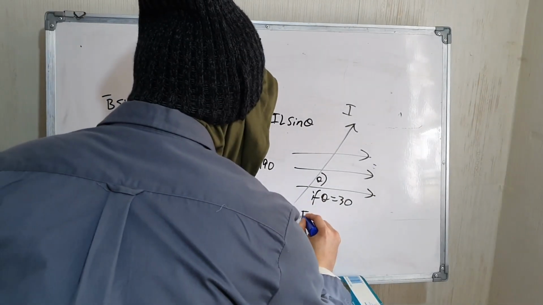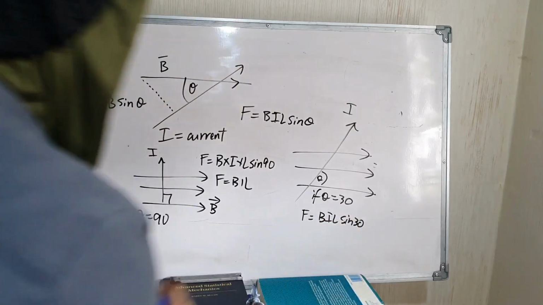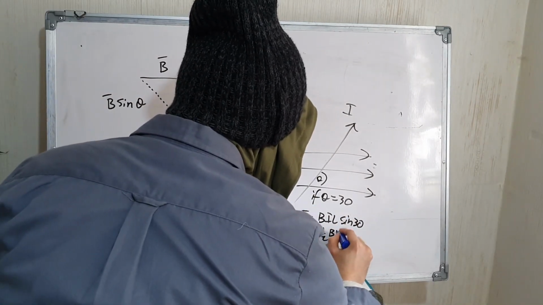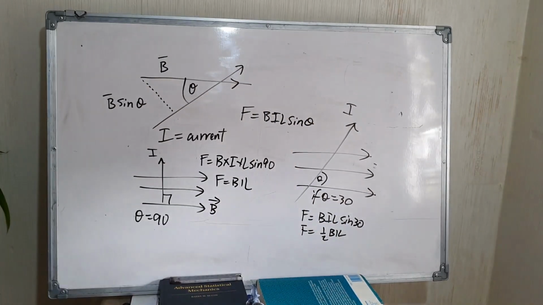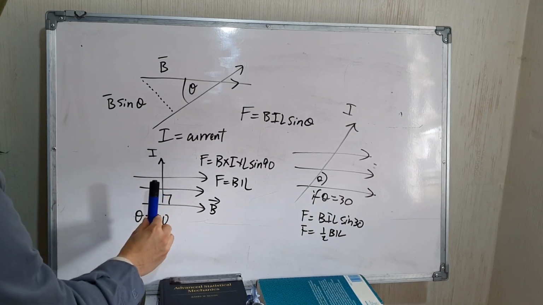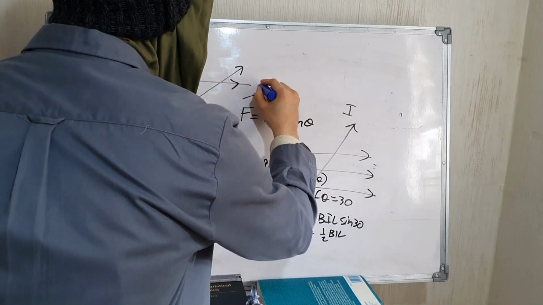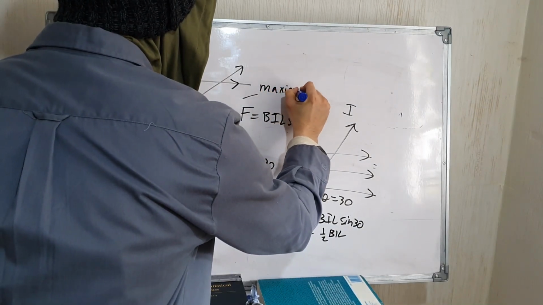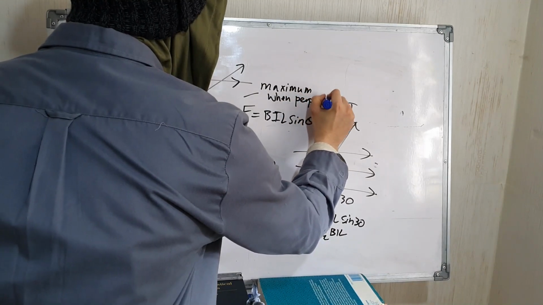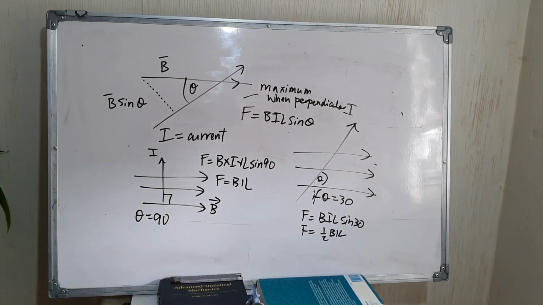F is equal to BIL sine 30, and sine 30 is a half, so it will be a half times BIL. So it's only when the magnetic field is perpendicular that the force is at a maximum. So maximum when it is perpendicular.